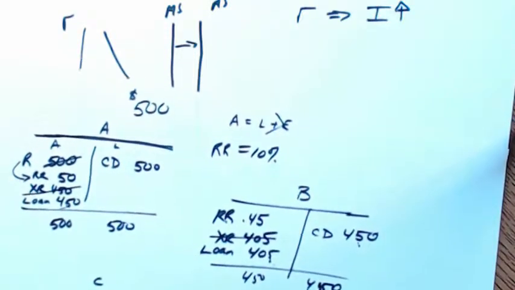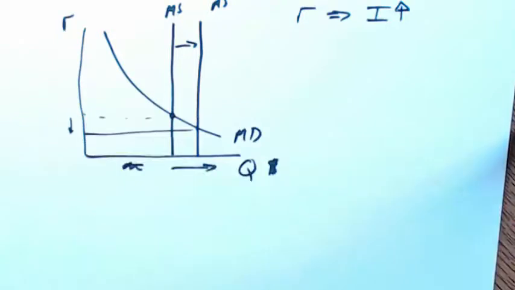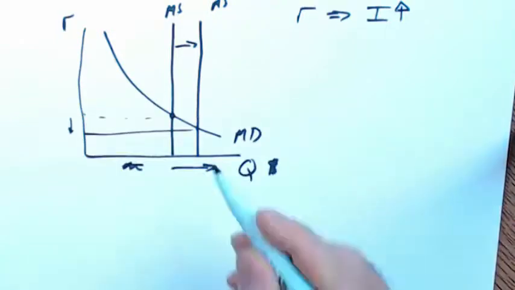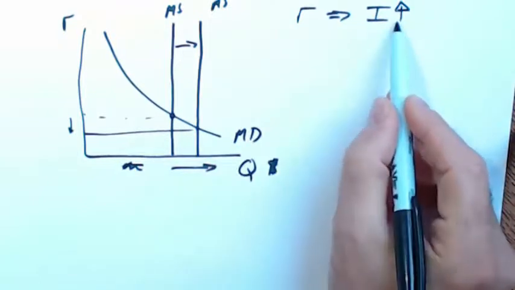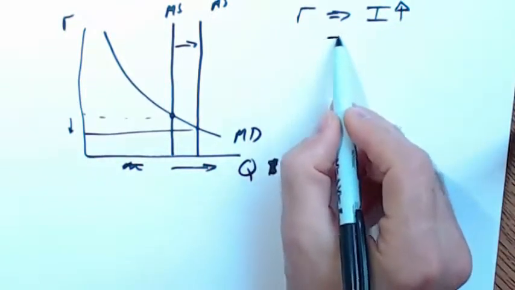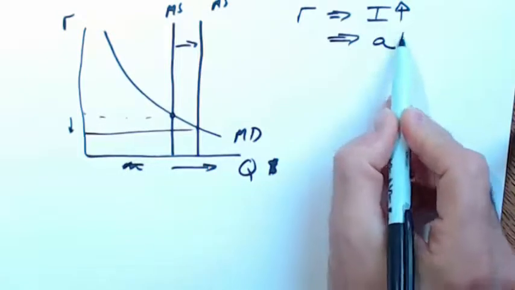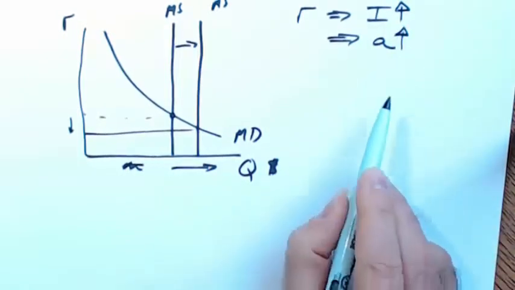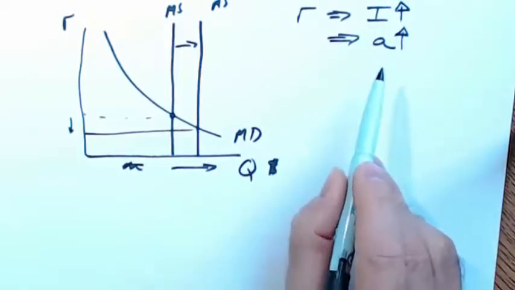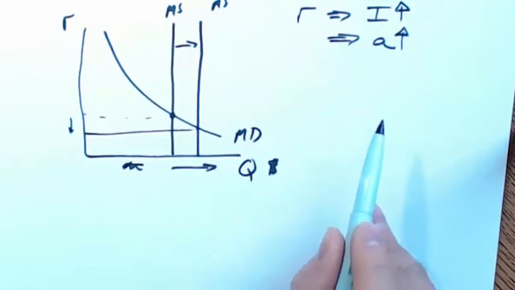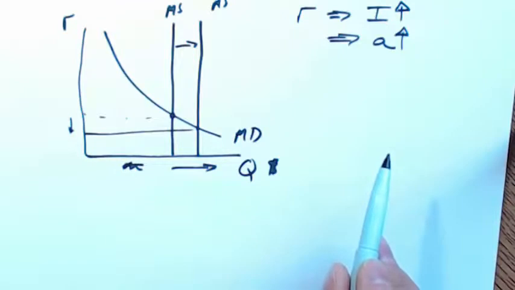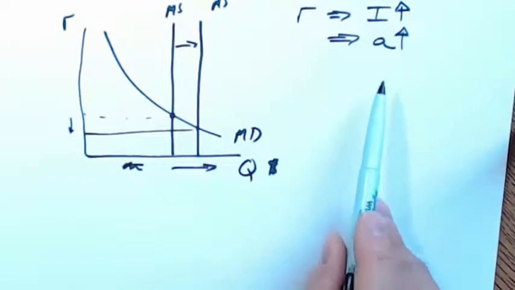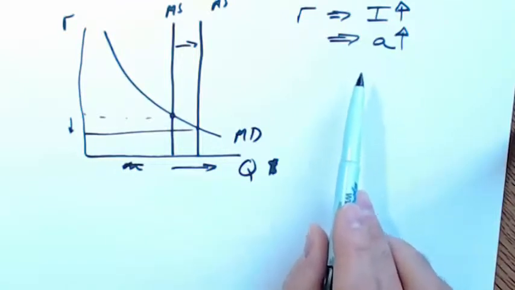All else being equal, they're going to have to lower interest rates to get more and more people to borrow. So the money supply moves out, interest rates come down, investment goes up, and also autonomous consumption goes up because that's the consumption that people buy through credit cards, or even home equity loans, where people borrow money to consume.